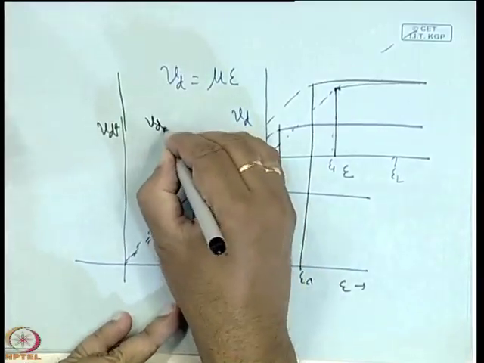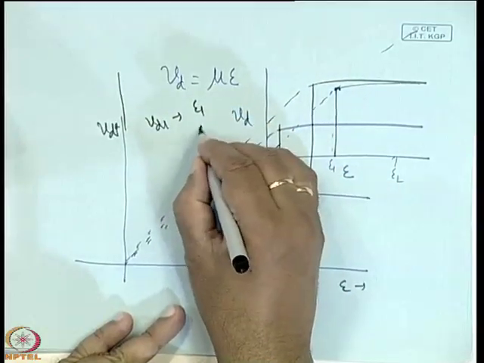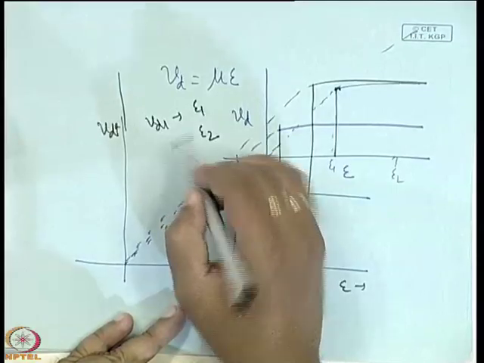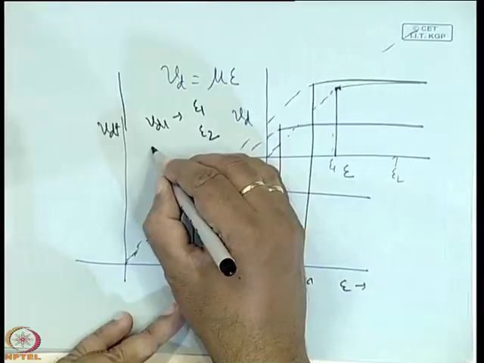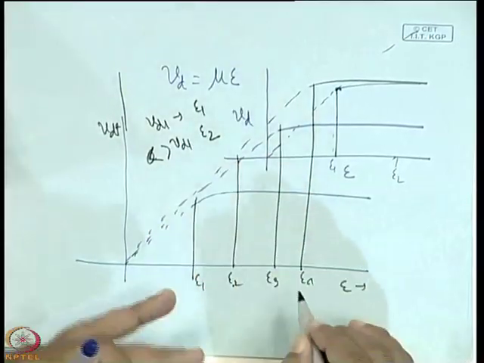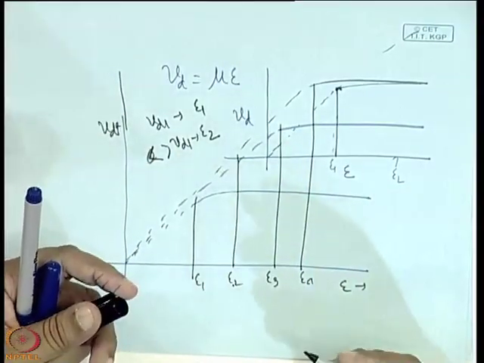See, if the drift velocity is Vd1 at electric field E1, we want that at electric field E2 it must be Vd1 at least, but if it becomes greater than Vd1, then it is better. That means the saturation must come not in the early stage, but in a later stage, so that you can make use of this phenomenon for a particular application.